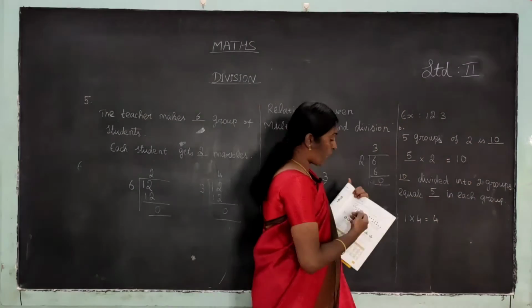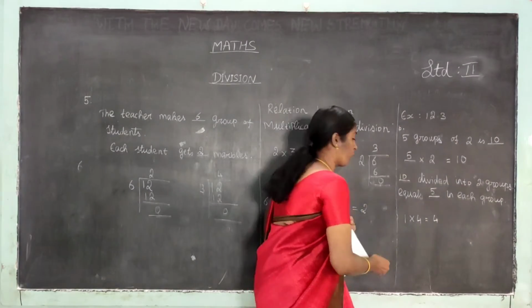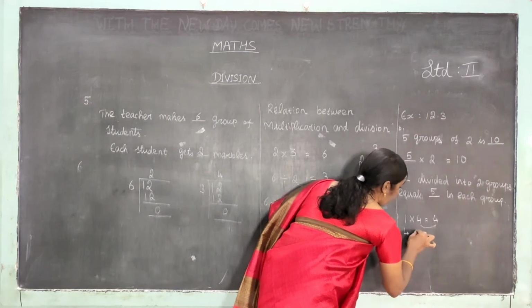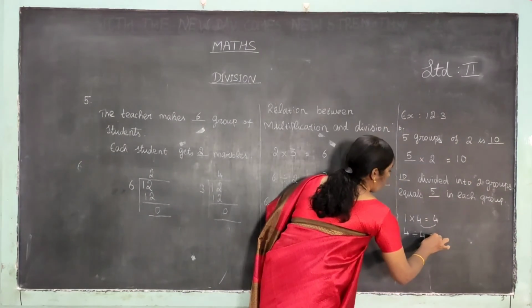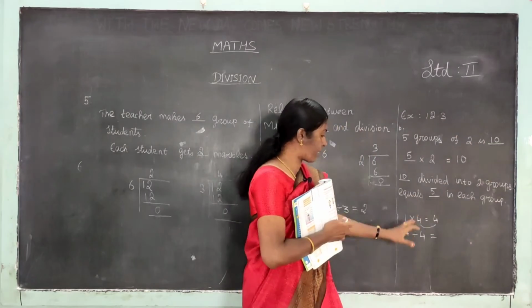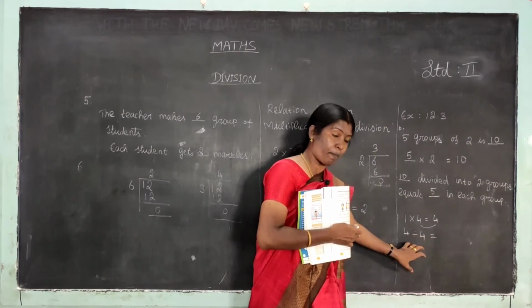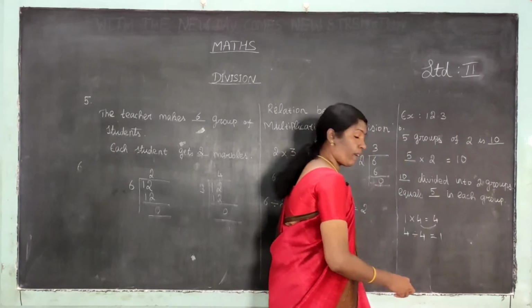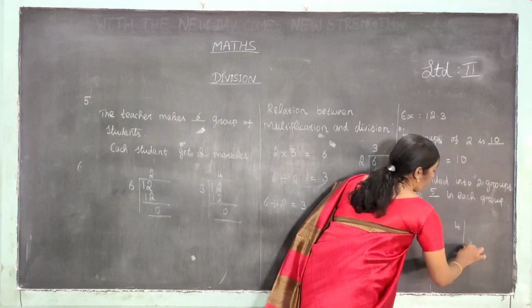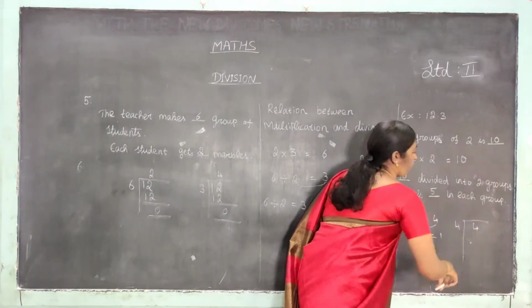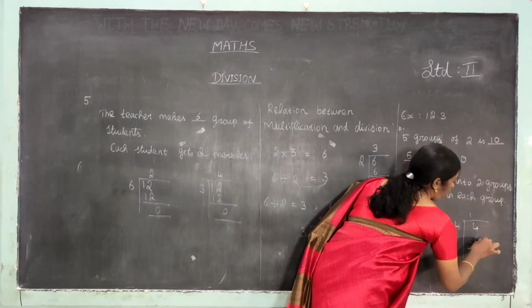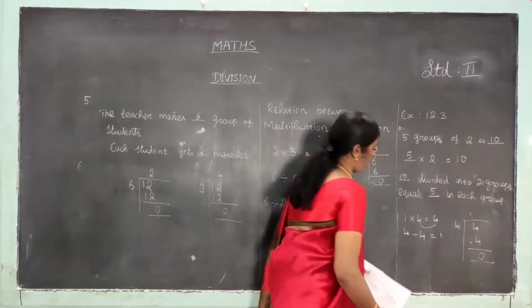And if we are going to form 4 groups, 4 divided by 4. If the same number is divided by the same number, what is the answer? 1 only. Okay, you see it here. 4 divided by 4. 4 1 is 4. 4 minus 4, 0.